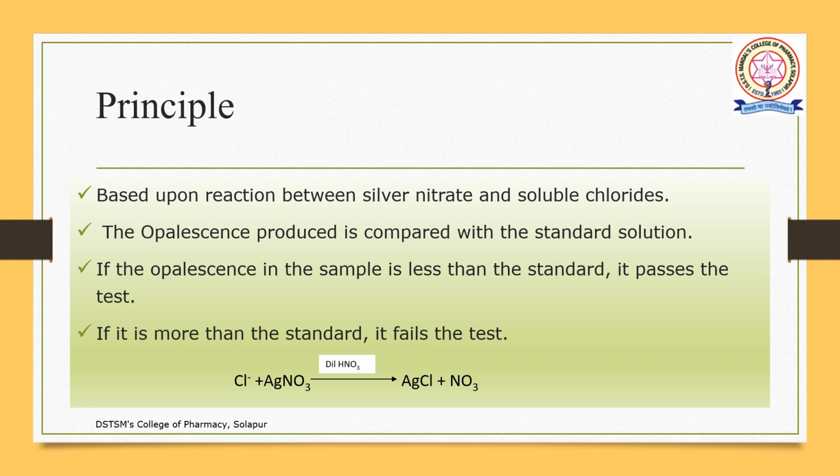Thus, this is known as opalescence. The opalescence produced in the test solution is compared with the standard solution. If the opalescence is less than standard, then the sample passes the test. If the opalescence produced is more than standard, then it fails the test. Dilute HNO3 is acting as a catalyst for this reaction.